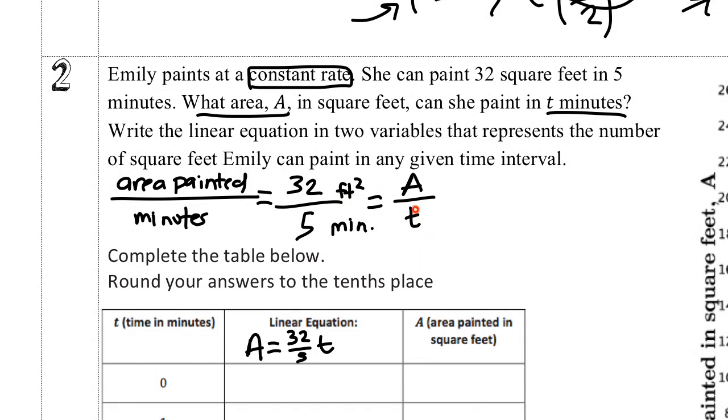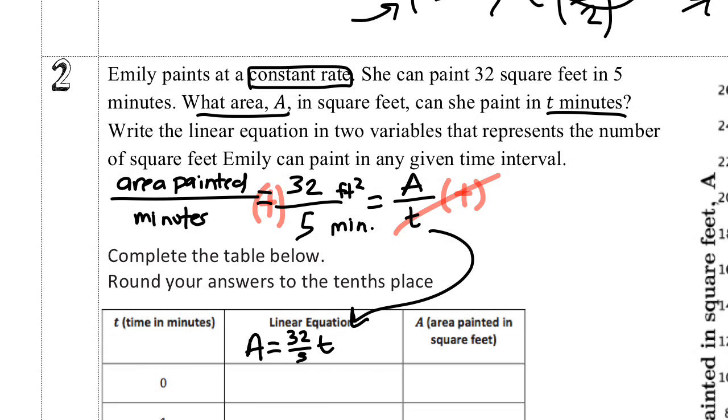The only thing I have to do is move this T. Okay, I move that T by multiplying both sides by T. Just like that. Cancel here. And we can write our final equation, which would be that the area is 32 over 5 times T minutes. Okay, so the number 32 over 5 is what we call the constant rate. That's the rate at which she can paint.